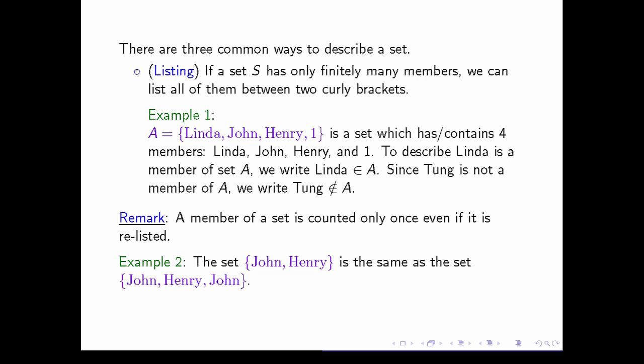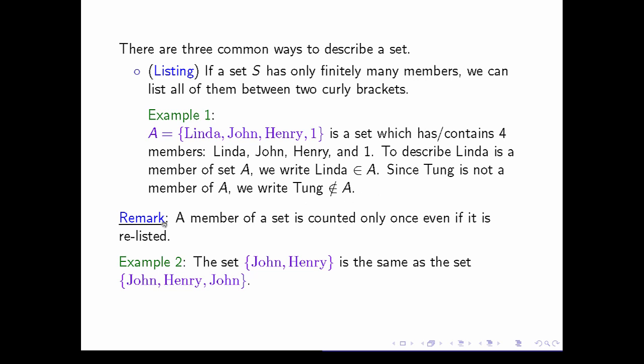So it is clear that A has 4 members or elements. And since Linda is a member of set A, we can write Linda belongs to A. And since Tong is not listed in set A, that means Tong is not a member of set A. So we can write Tong does not belong to A.